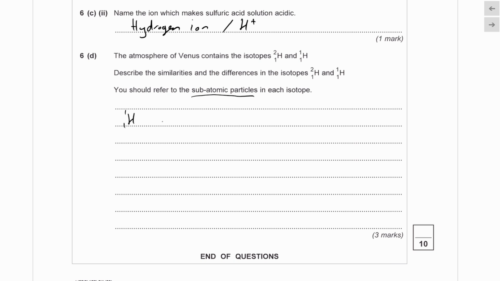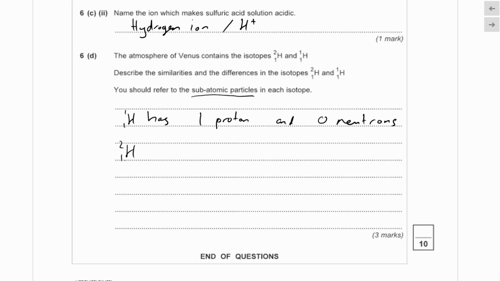Okay, so what I'm going to say is that H1 has one proton and no neutrons. Okay, because it has a proton number of 1 and a mass of 1, which means that there is no neutrons on there.